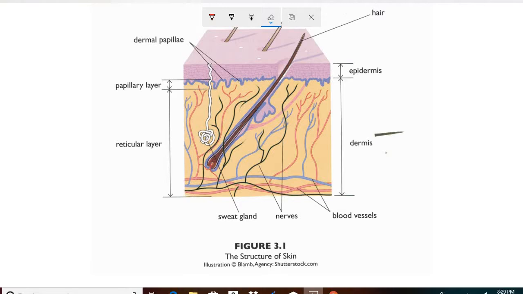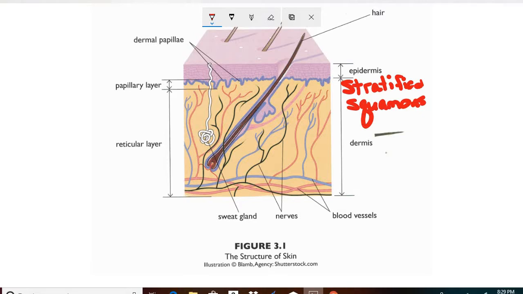So the epidermis is the outermost layer, and as we learned when we studied tissue, the epidermis is stratified squamous epithelial tissue, okay?